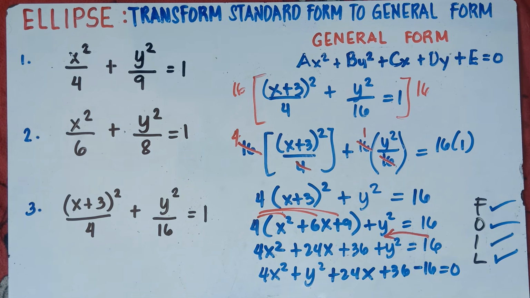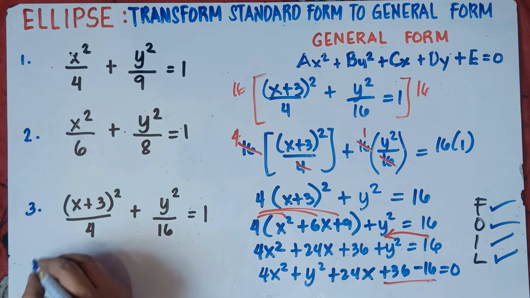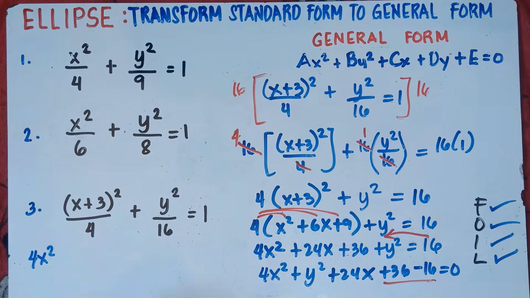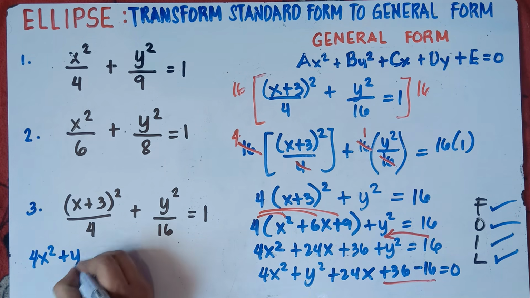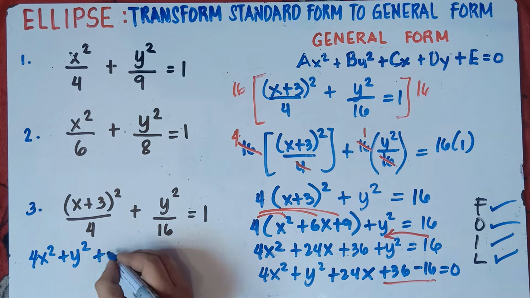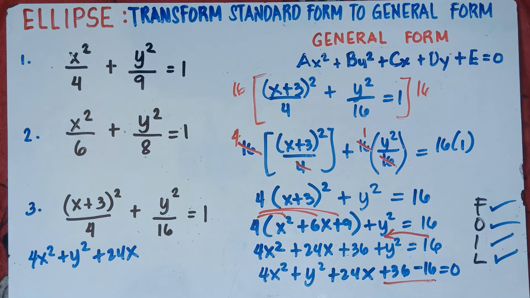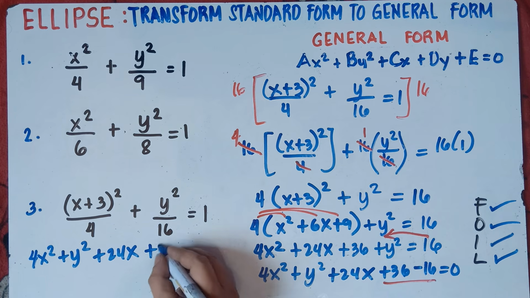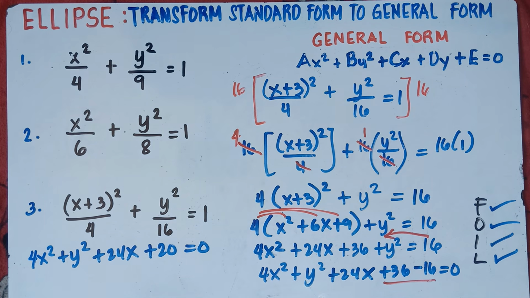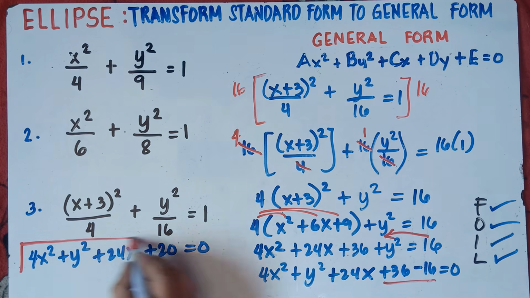Do we have like terms, class? Yep, we can combine 36 and negative 16. So this will be 4x squared plus y squared plus 24x, 36 minus 16, that would be 20. Positive 20 equals 0. All set for number 3, class.